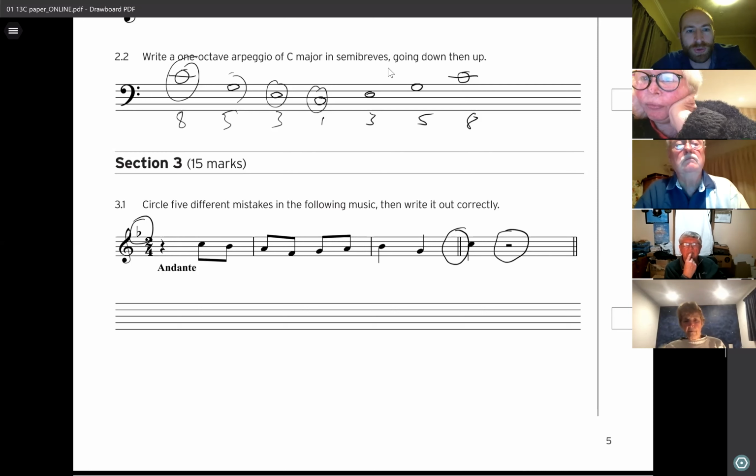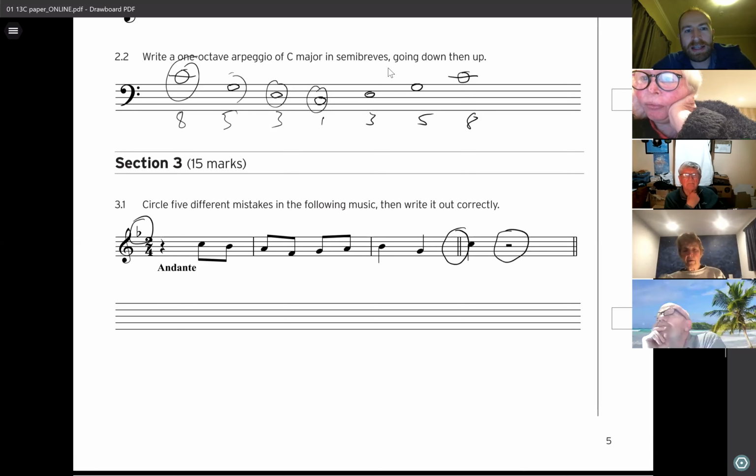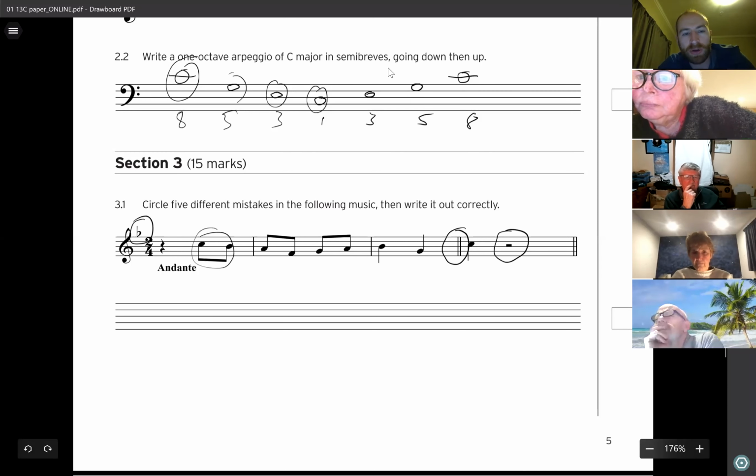Now there are 2 more, which we haven't really spoken about. Any guesses? Is it to do with the way the stems are pointing? Not quite. The stems are okay. The middle note can either go up or down.